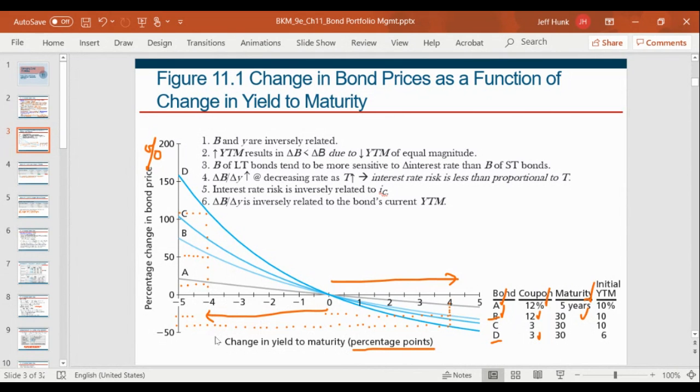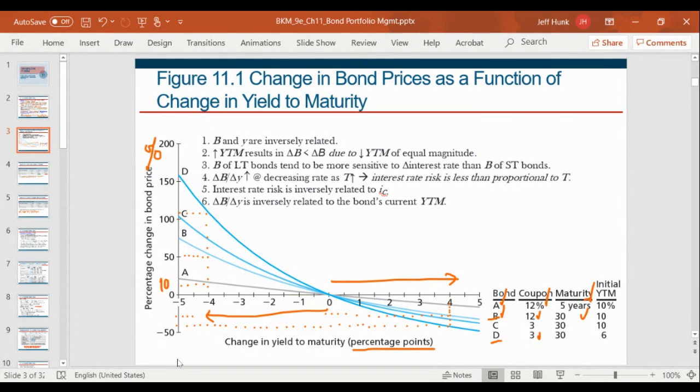For a 4% drop, price goes up about, that looks like about 10%, right? Whereas bond B goes up by about 50%.